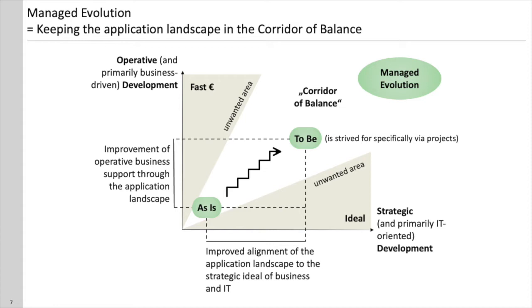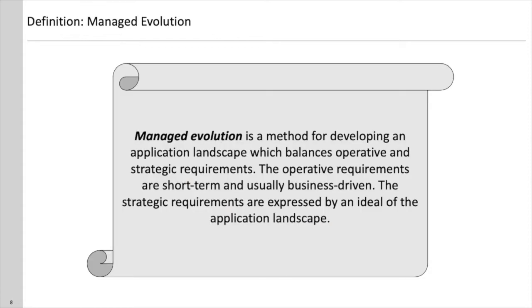And that brings us in a managed way, and this is why we call it managed evolution, from the as-is state that we have today to a well-defined to-be state that we strive for via our projects of the next 2, 3, or let's say 5 years. And that is the definition of managed evolution.